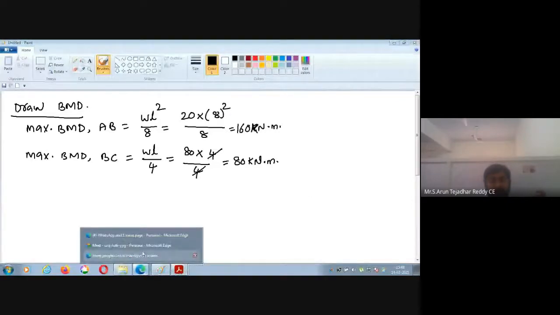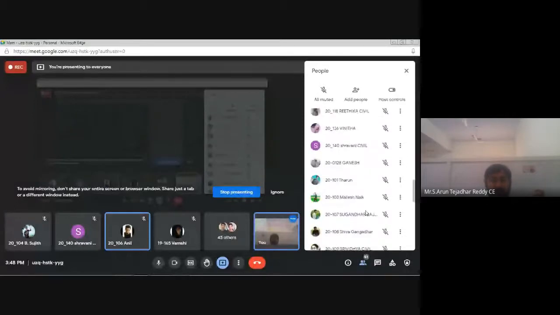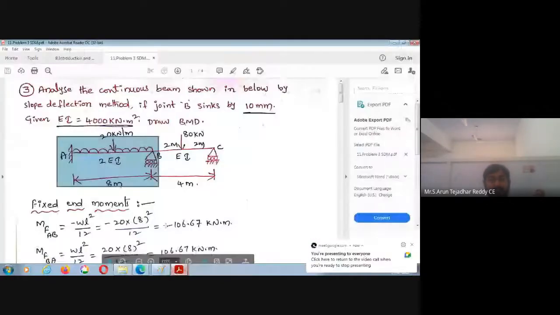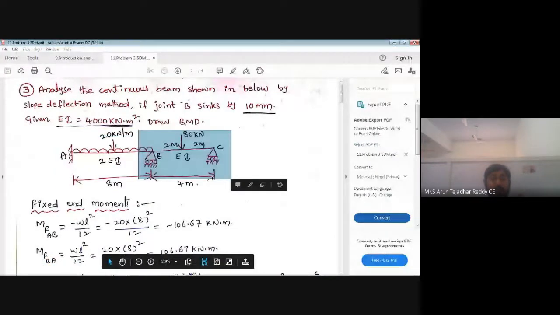128 Ganesh. Ganesh, see the span BC, it is a central point load. What is the maximum bending moment diagram shape?